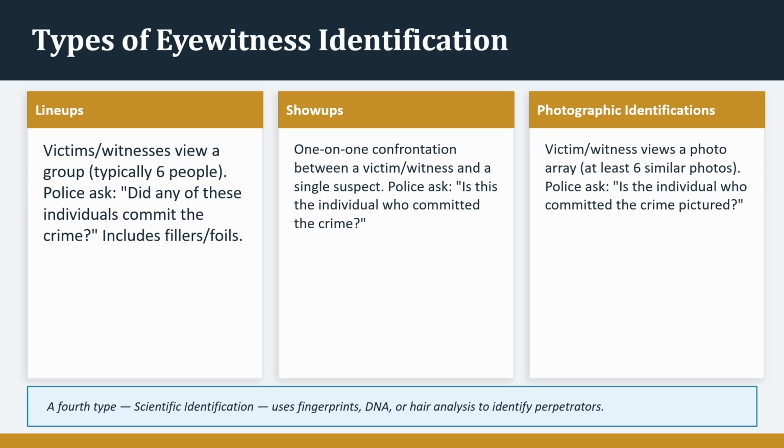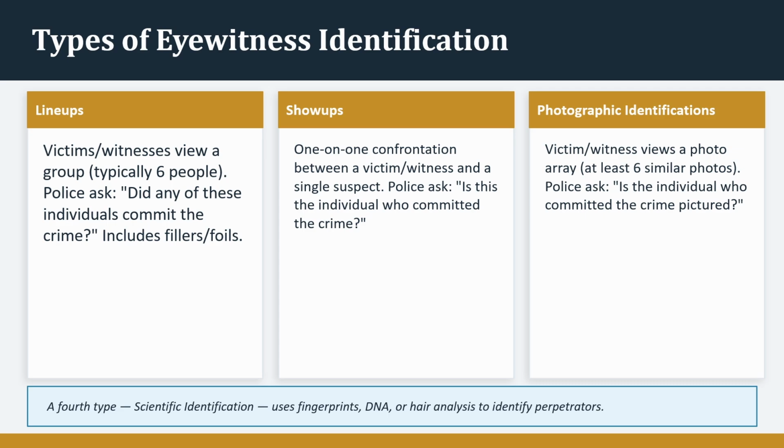When law enforcement tries to identify the person who committed a crime using a witness or a victim, they typically rely on one of three procedures: lineups, show-ups, or photographic identifications. A lineup involves presenting a group of individuals, typically 6, to a victim or eyewitness and asking whether any of them is the person who committed the crime. 5 of those 6 people are what we call fillers, foils, or distractors.